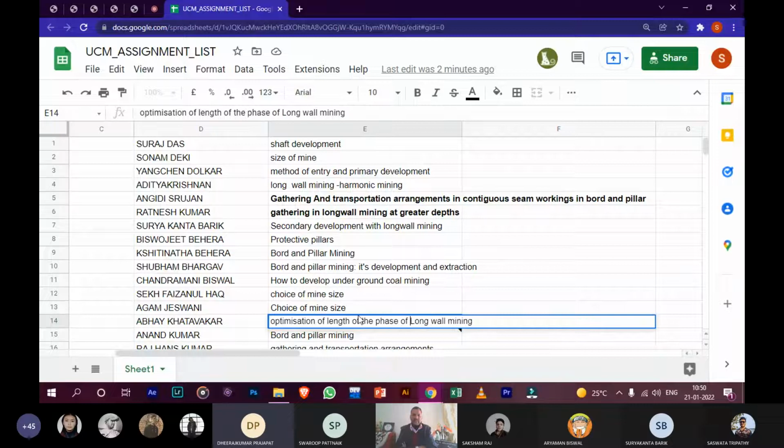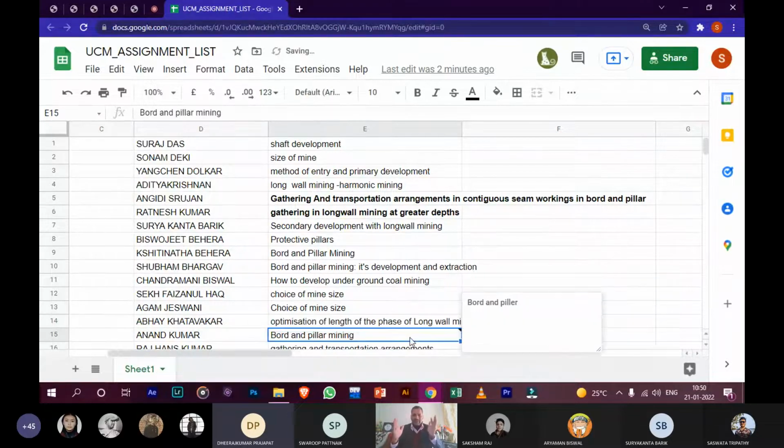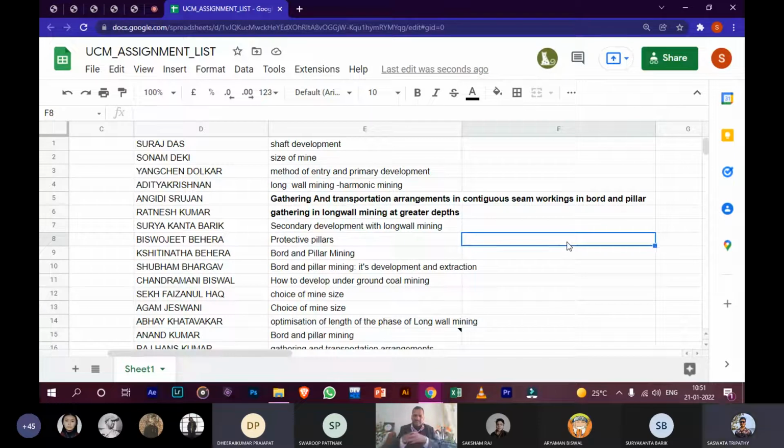For him, because we have to select what should be the length of the face. That is the greatest problem, greatest issue. Whether I should have a 200-meter length of the face, 100-meter, or 300-meter. At present, the maximum we are going up to is around a 350-meter longwall face and a longwall panel of around 3 kilometers. Like that, there are so many topics.